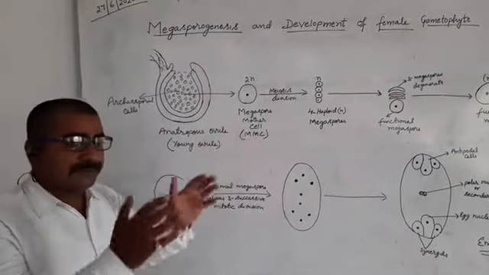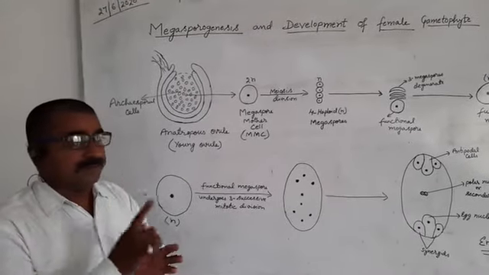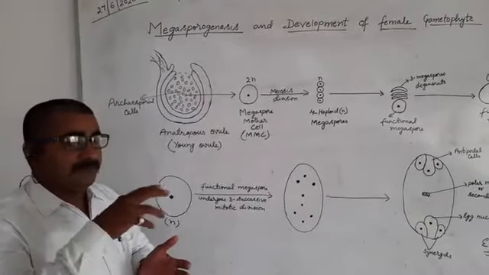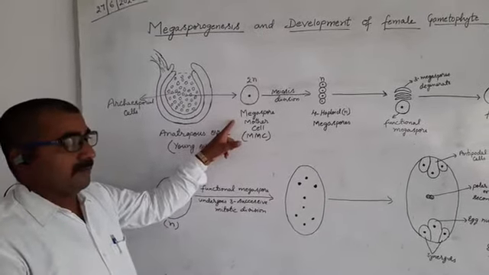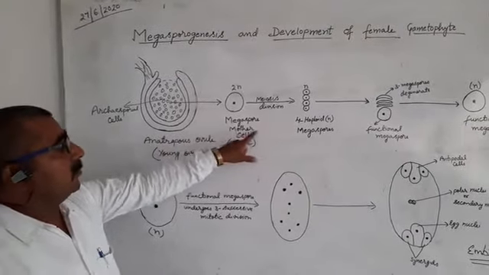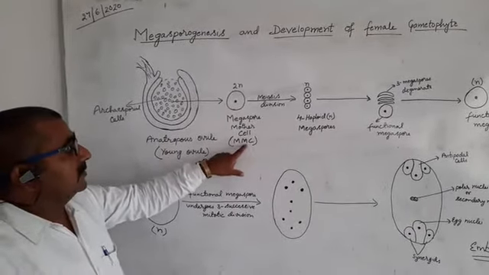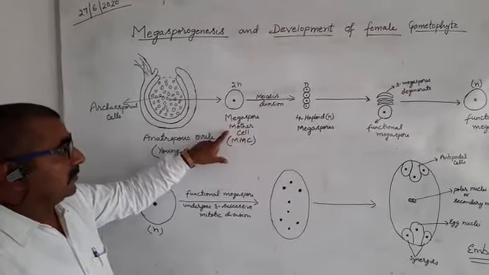Out of several sporogenous cells, one cell transforms itself into the megaspore mother cell.